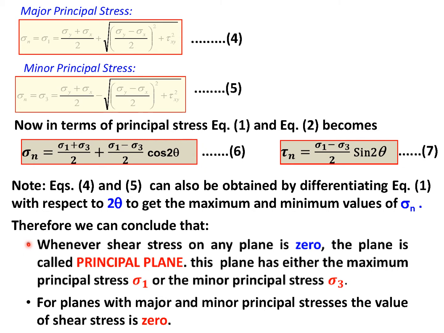Whenever shear stress on any plane is 0, the plane is called a principal plane. This plane has either the maximum principal stress sigma 1 or the minor principal stress sigma 3. For planes with major and minor principal stresses, the value of shear stress is 0.